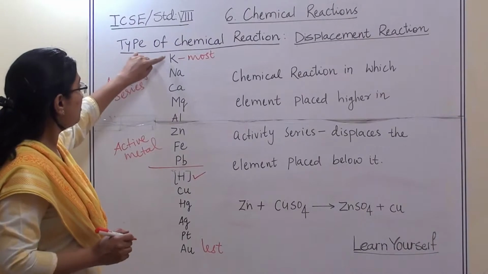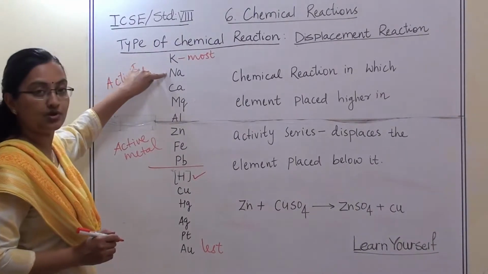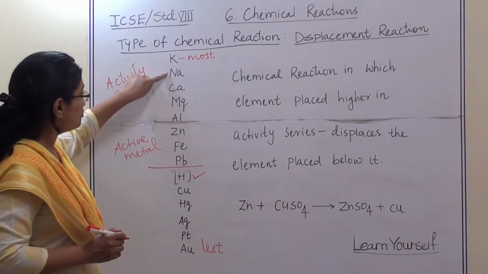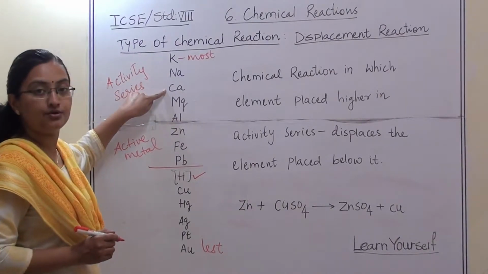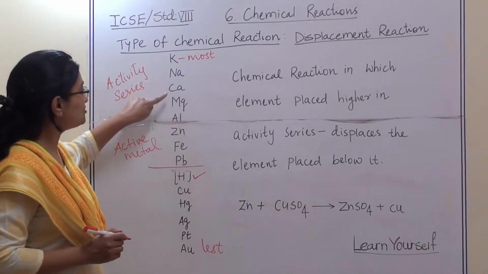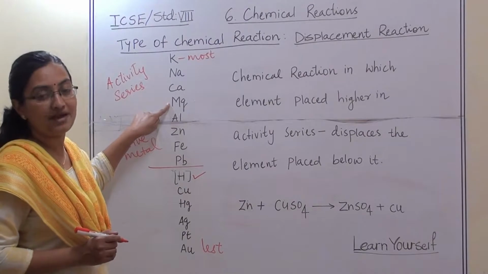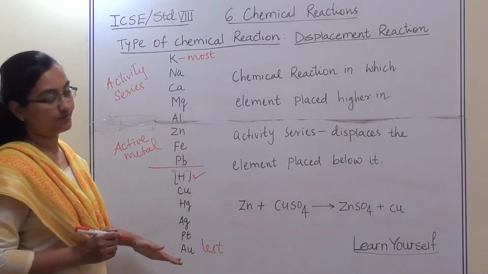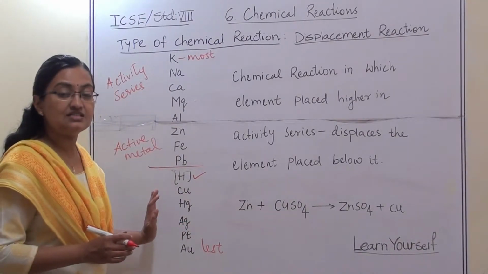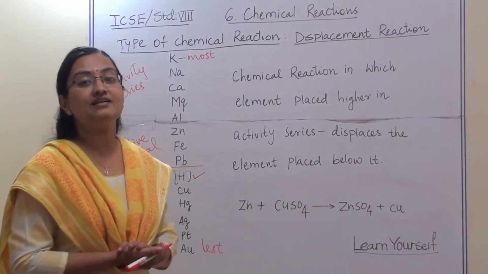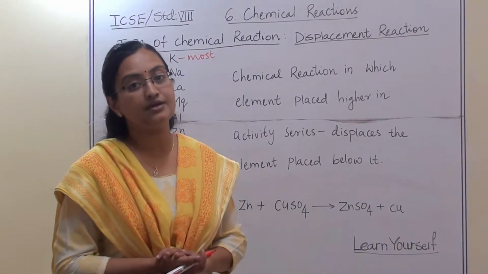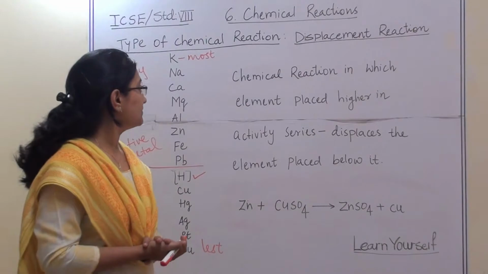That means potassium is more reactive compared to sodium, sodium is more reactive compared to calcium, and calcium is more reactive compared to magnesium, and so on. So this is our activity series which tells us which metal is reactive compared to another metal.